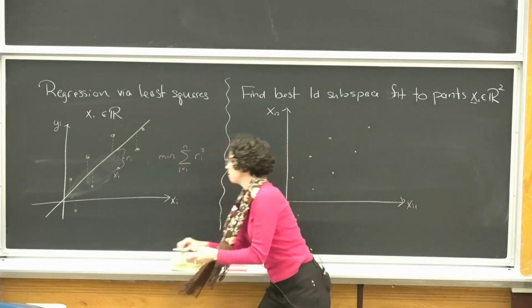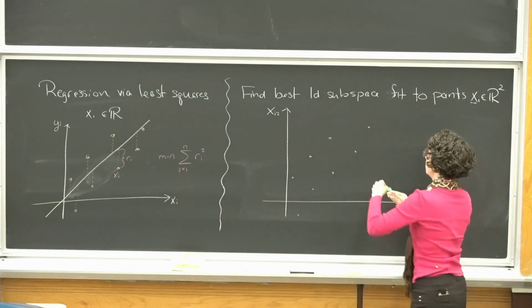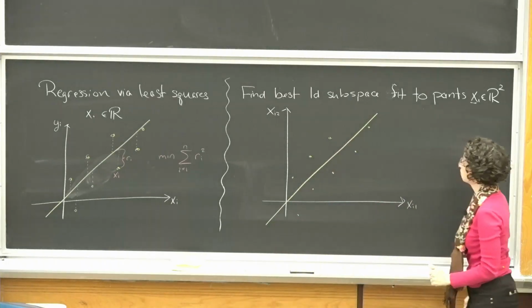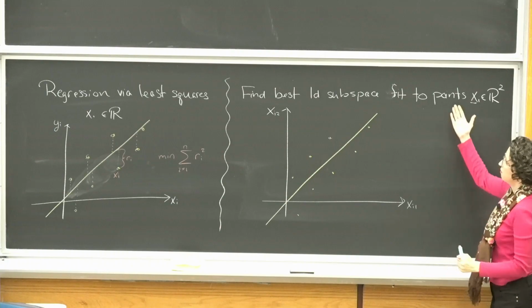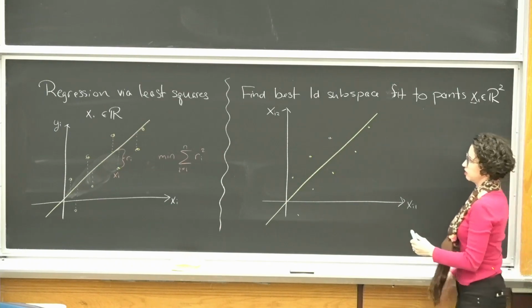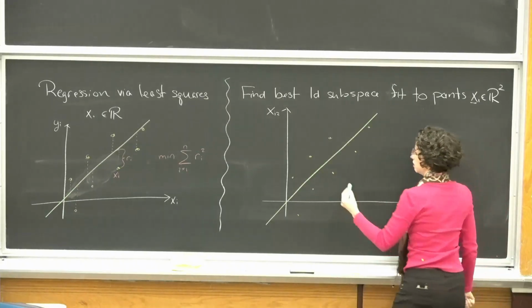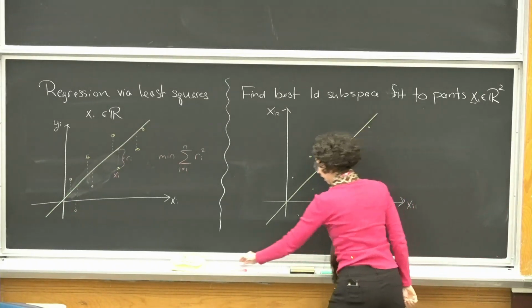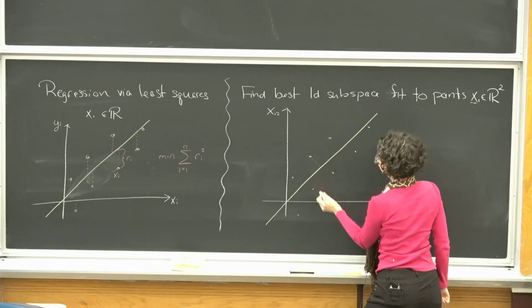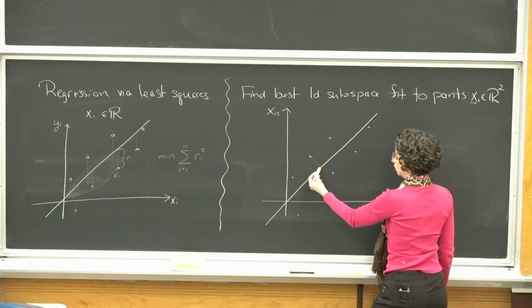And now we are, again, trying to find a 1D subspace, so a line like this. But now when we talk about finding a best 1D subspace fit, our objective here is a little bit different. We don't have labels. And instead, we are looking at how far, from a Euclidean distance perspective, each point is from the line.